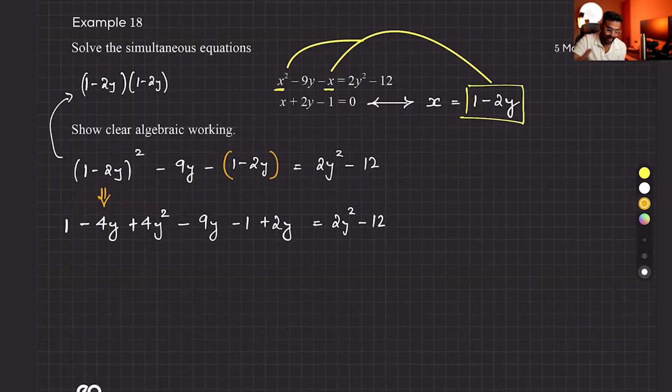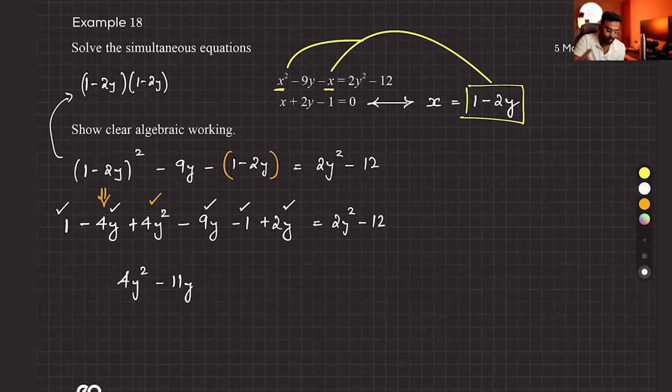So that's that. Now we're going to simplify it. I'll simplify the left side and then we will go on. So we see that there's a square, there's nothing else. So that is 4y squared. Minus 4y minus 9 is minus 13y. Plus 2y is a minus 11y.